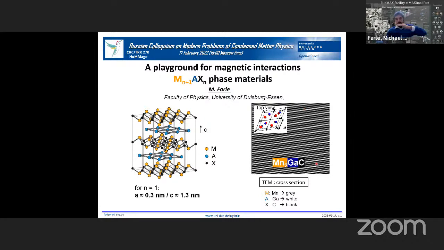So you have lamellae of these different elements, and I will show you that nowadays this M element or this A element and also the X element can be varied so that we are now at composition ranges in the thousands.